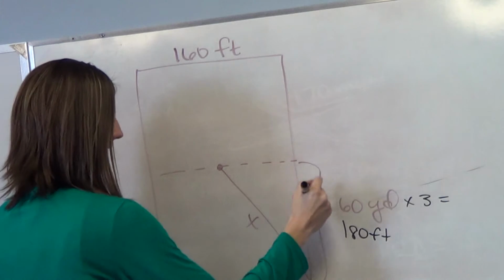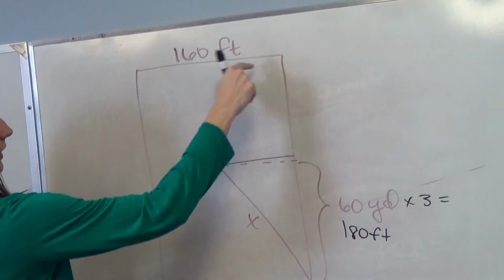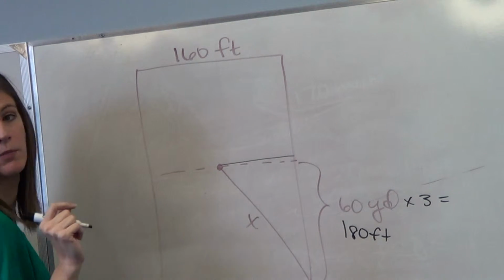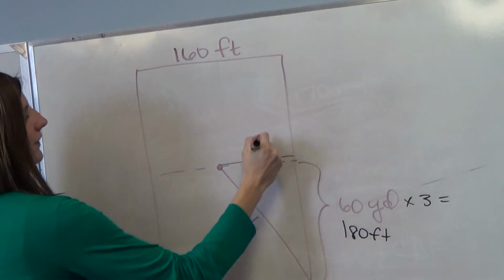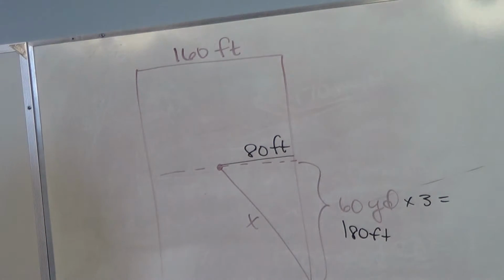So this is 180 feet, and this is half of the width of the whole thing, so that would be how much? 80. And then you would just use the Pythagorean theorem. It just asks for the distance, so you don't need the angle.